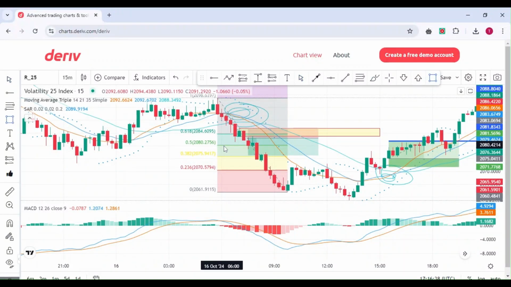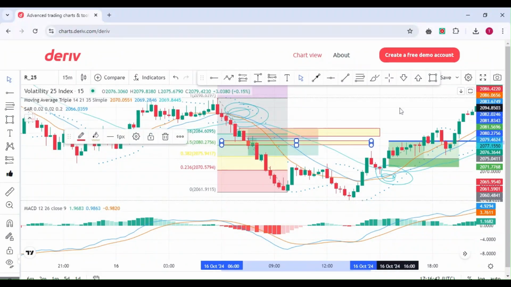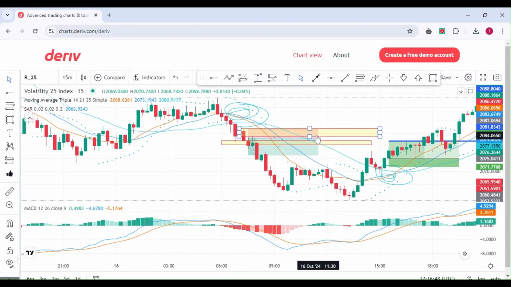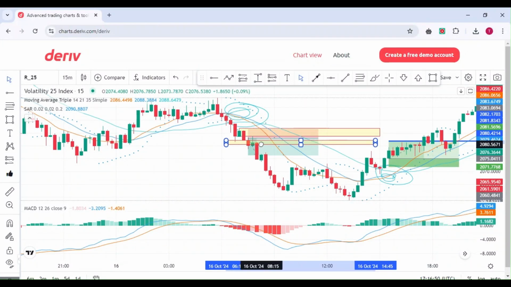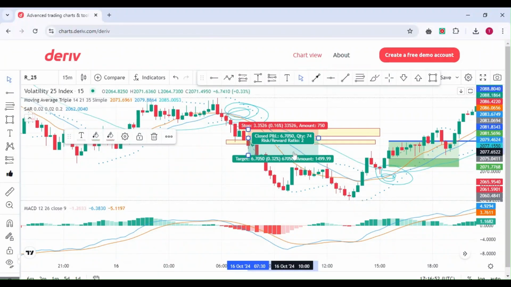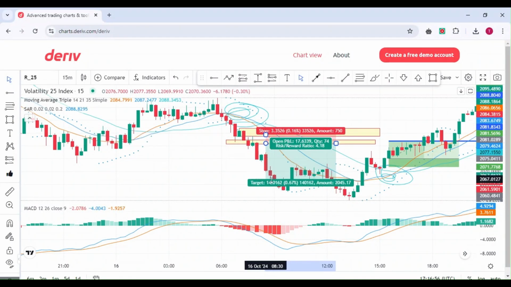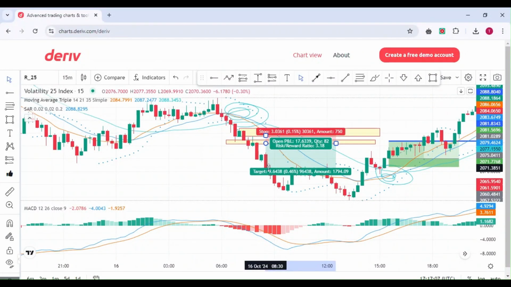So just look at the point you would have entered. It will be at this point. So you would have entered at this zone here. So still you would have gotten ratio 1:2, and more if you just push your stop loss to break even.